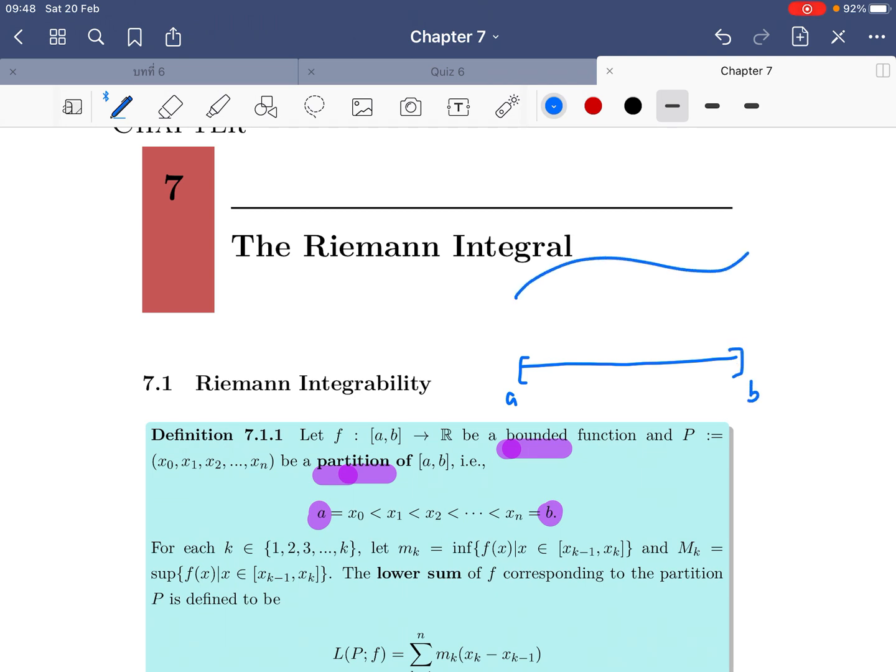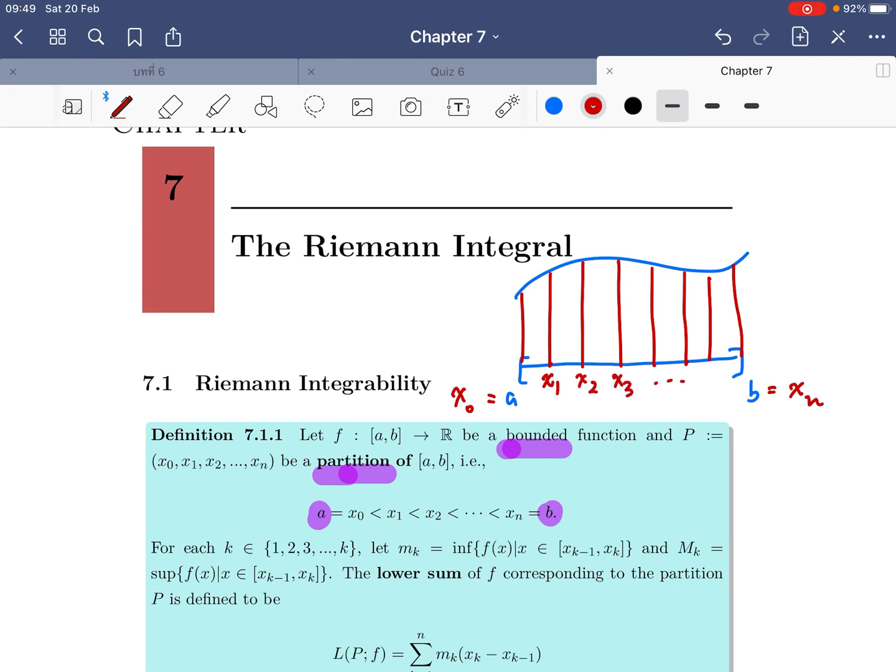What you are going to do is let this one be your x0, this one your xn, and you subdivide this interval into smaller pieces, so this one x1, x2, x3, etc.